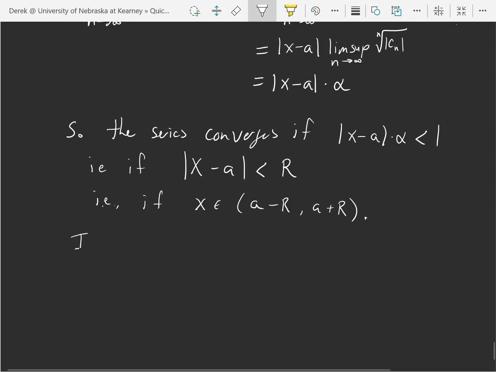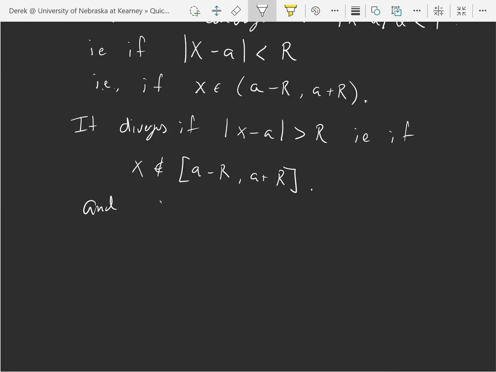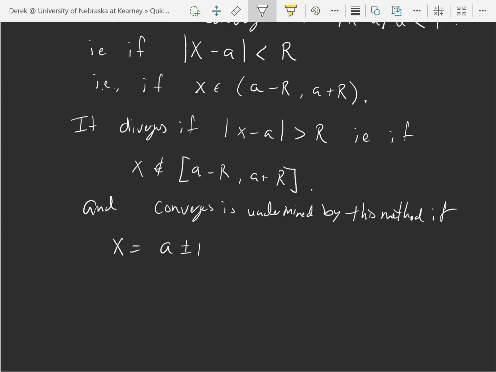It diverges if the absolute value of x minus a is strictly bigger than r, i.e. if x is not in the closed interval from a minus r to a plus r, and convergence is undetermined by this method if x is equal to a plus or minus r.